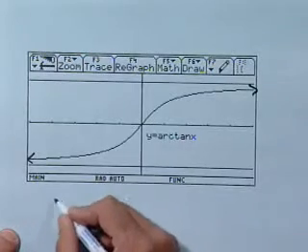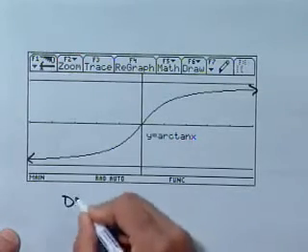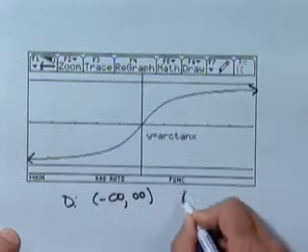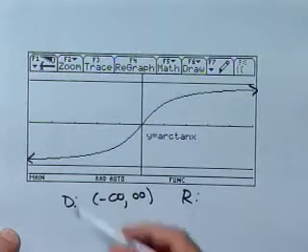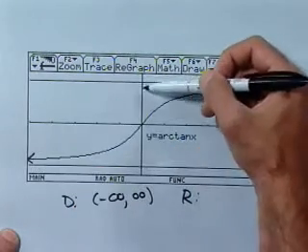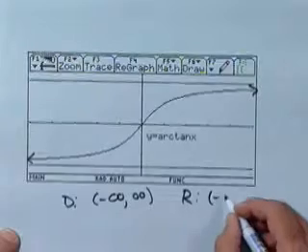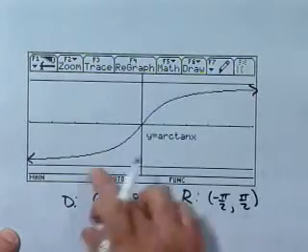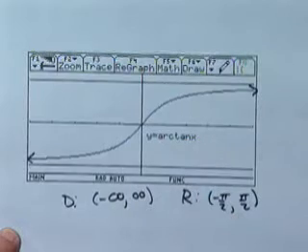The domain is the x values, negative infinity to infinity. The range is going to go from negative pi halves to positive pi halves, but not including. So there's our nice arctangent function.